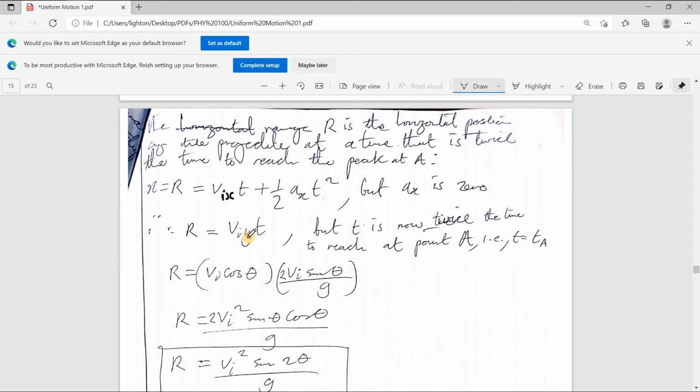So this thing has repeated itself. Let's just get rid of this to avoid confusion.